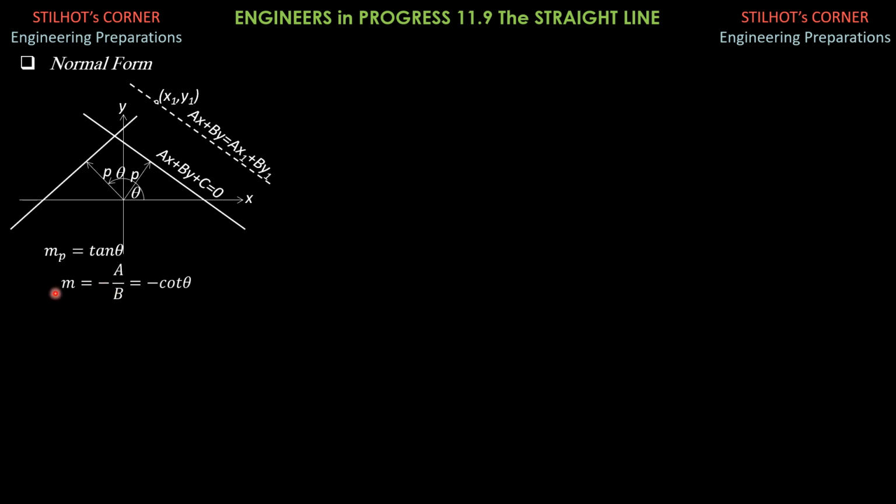So the slope of the line is negative a over b, and it is negative of cotangent theta.